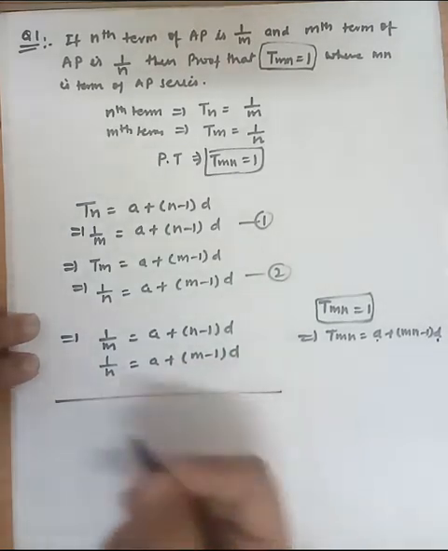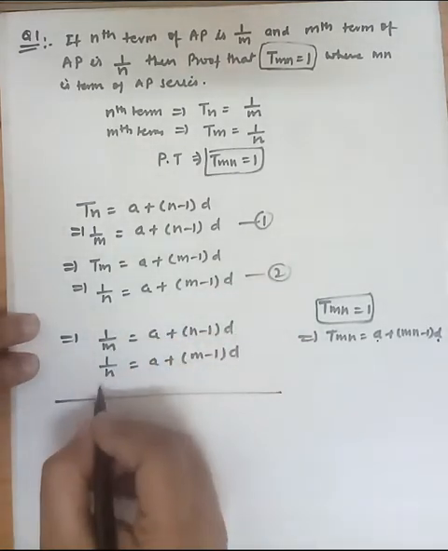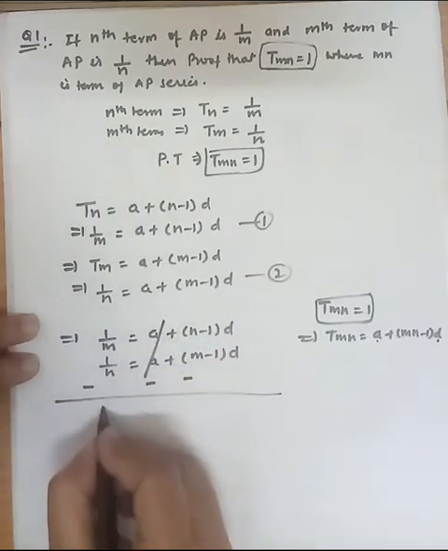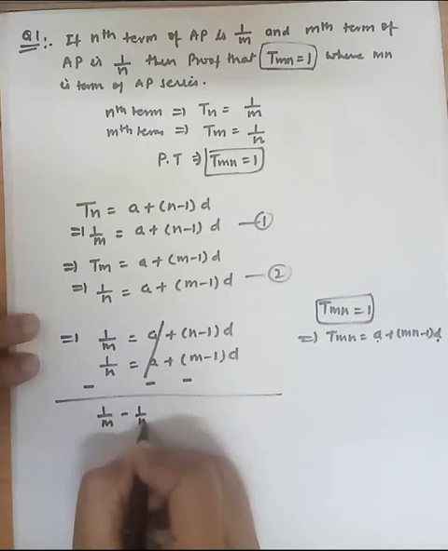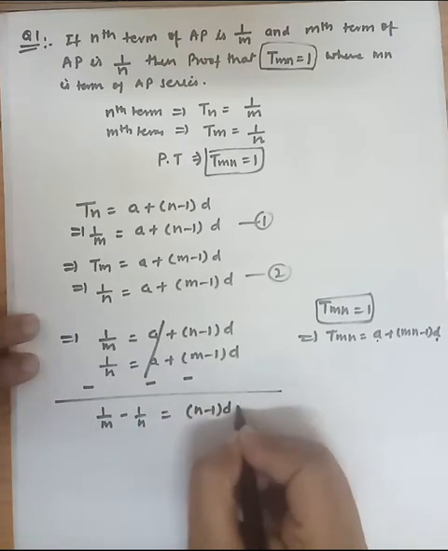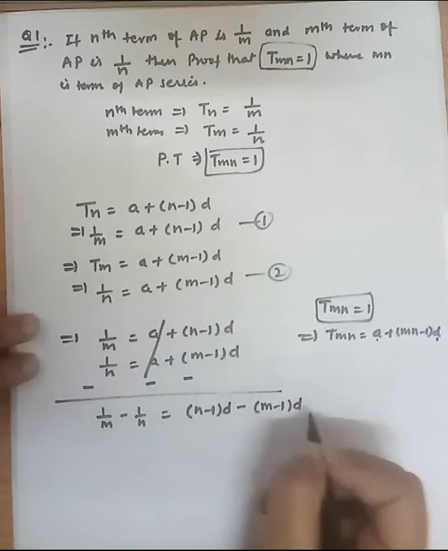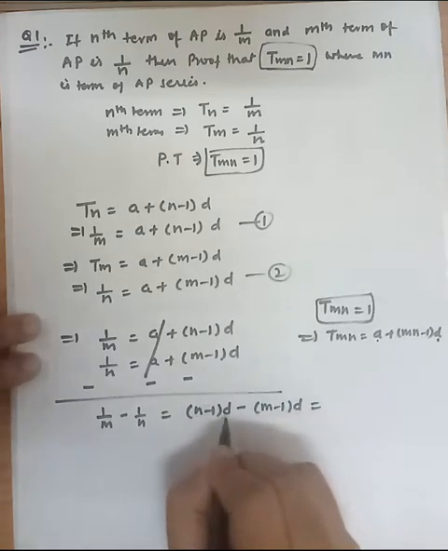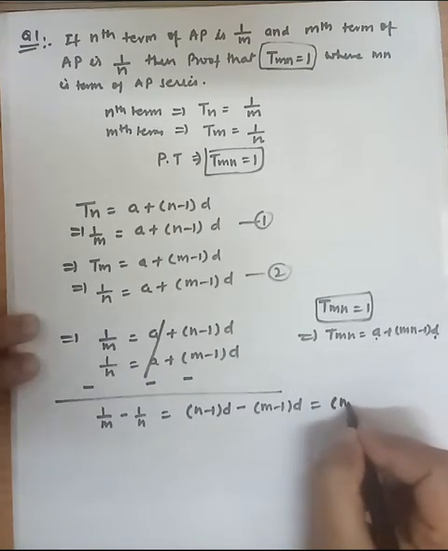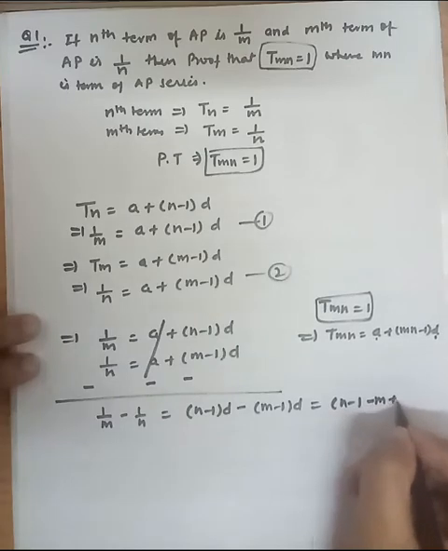So solve by subtracting both equations. On subtraction, a is cancelled out, so 1 upon m minus 1 upon n equal to n minus 1 d minus m minus 1 d. Again solve, because d is in both terms, we can take it common: n minus 1 minus m plus 1 d.